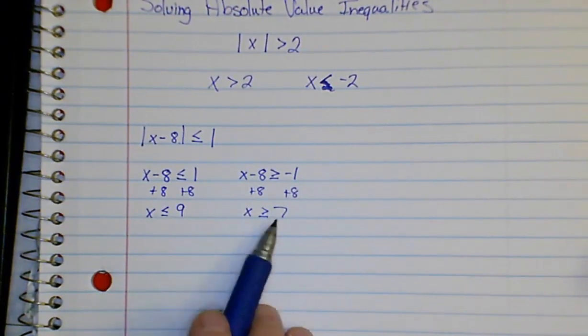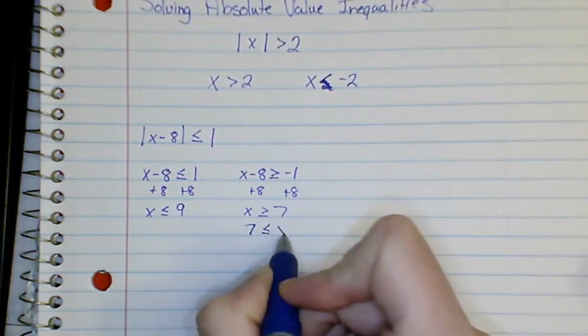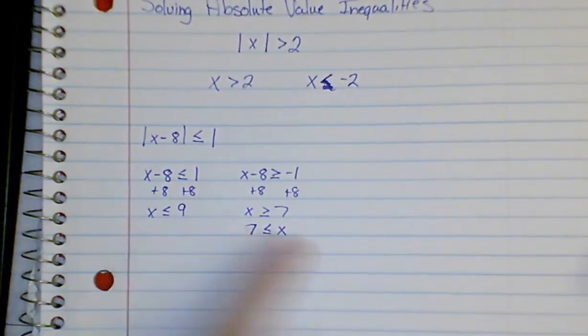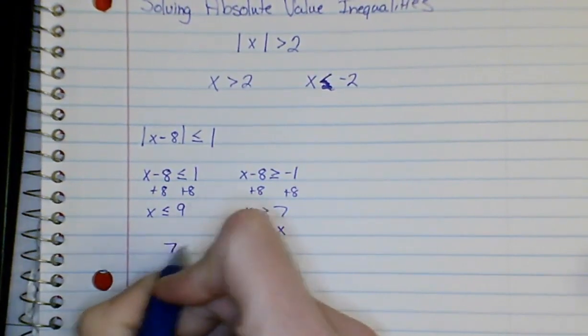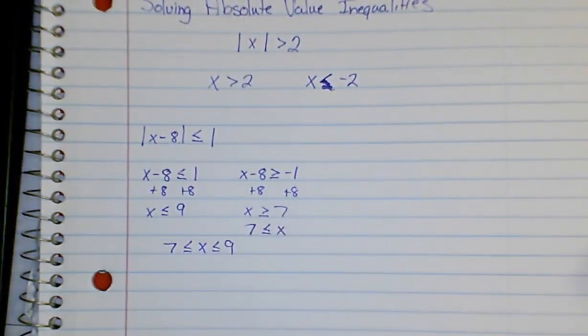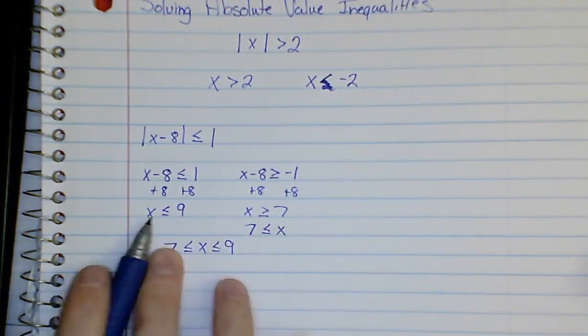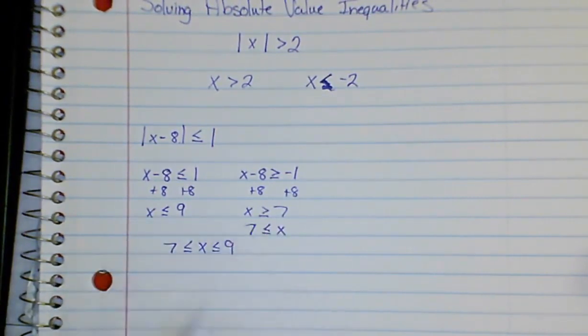Now since 7 is less than 9, if you flip this completely around and match your x's up, we actually have a compound, which I guess these are compound anyway, but we can write this as one inequality. I don't mind the answers if they are separated.